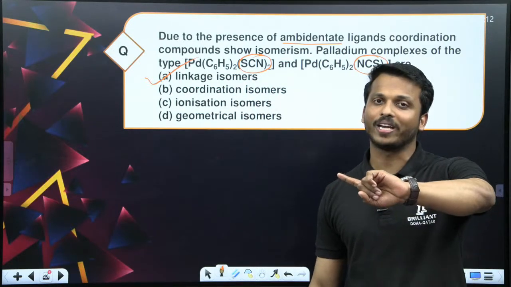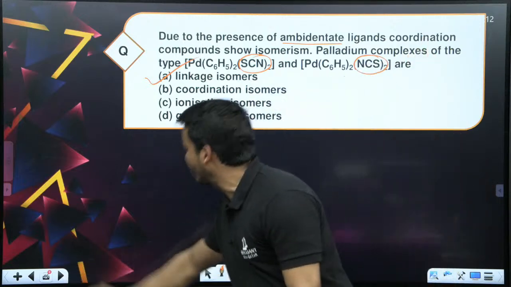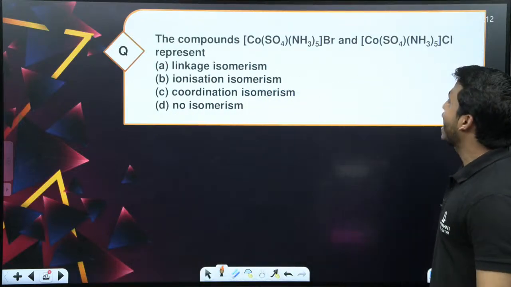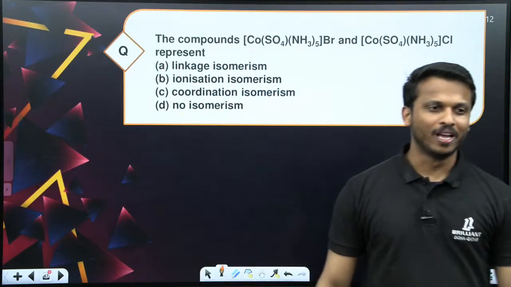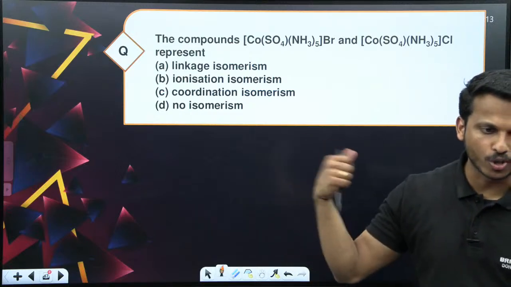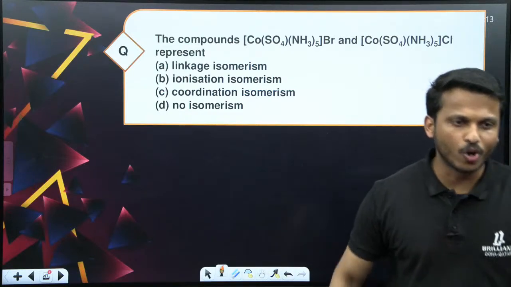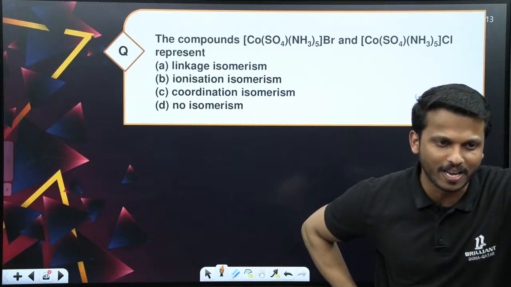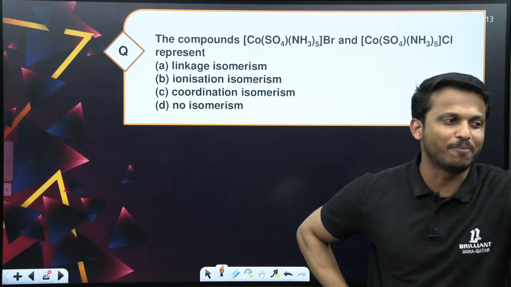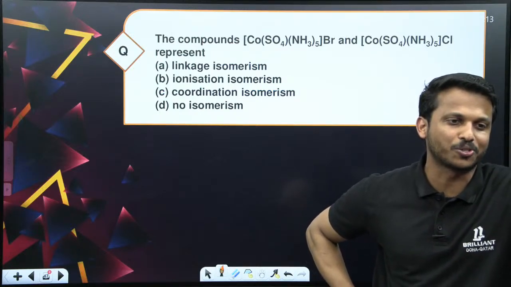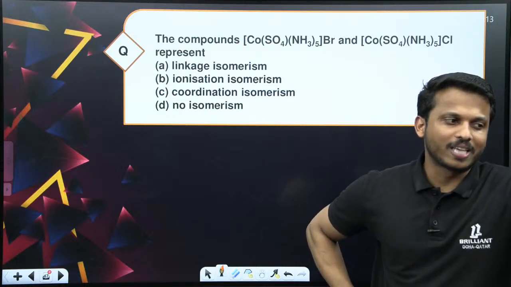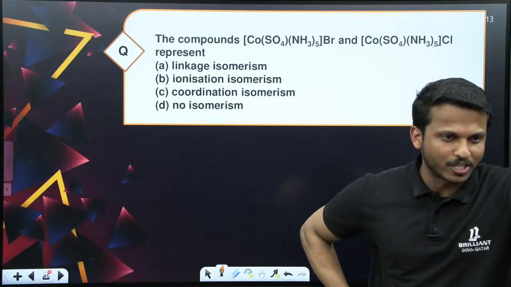And I am going to wind up this session with the last question for you. Tell me the answer fast, all of you. This compound shows what type of isomerism? Be very careful about this question, dear all. There is something special in this one.